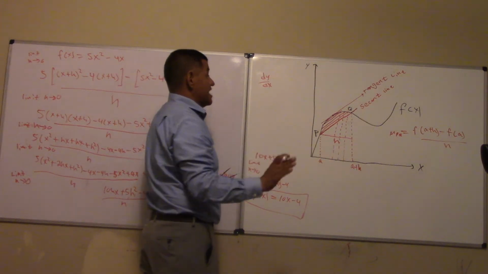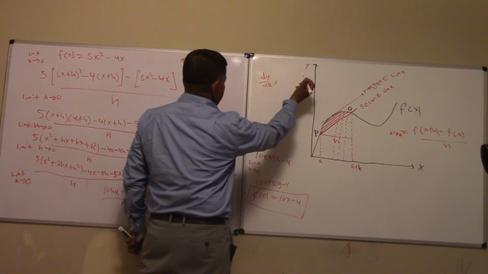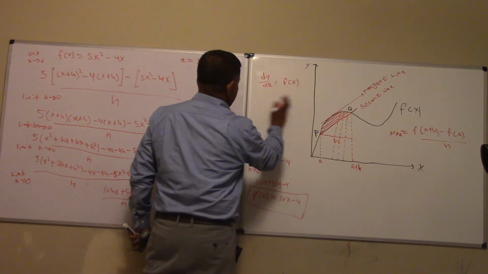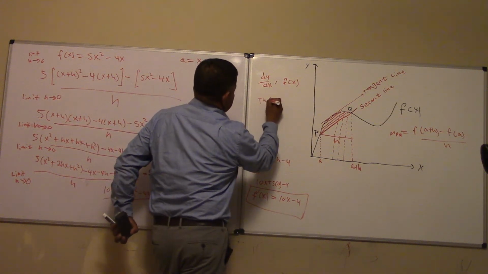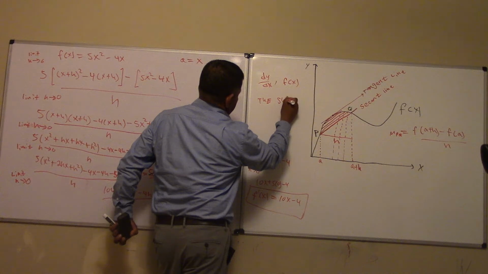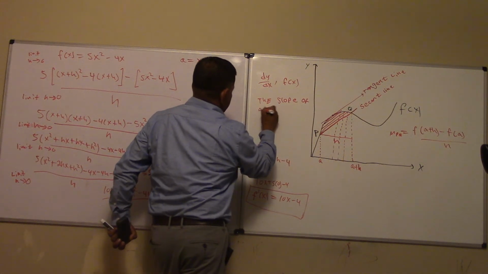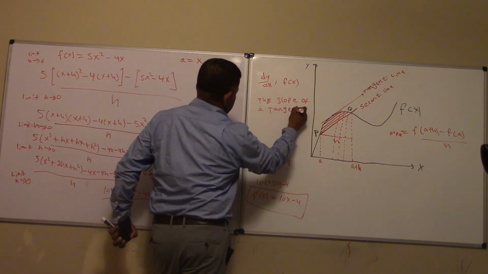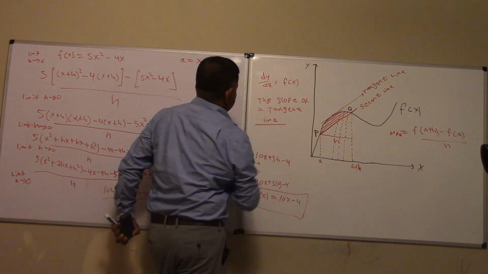It is the same as the slope of the tangent line, right? So this is basically the same as f prime of x, or you can say also the slope of a tangent line, right? So it's the same thing.